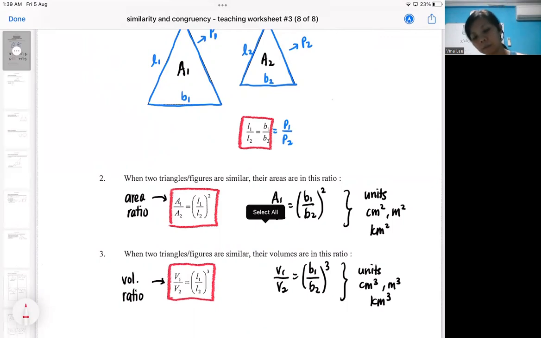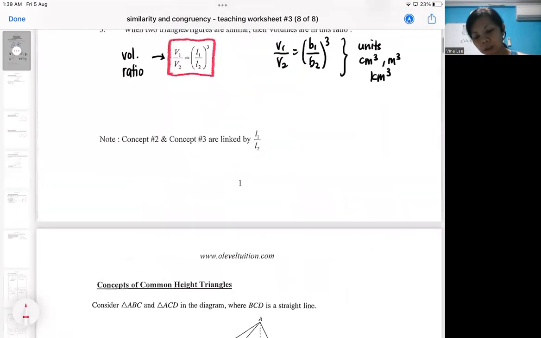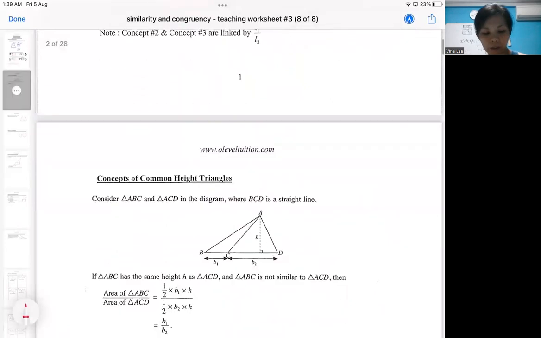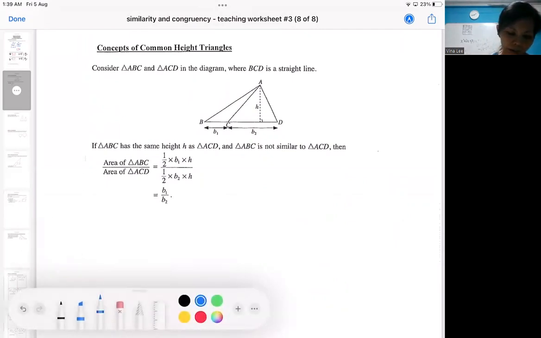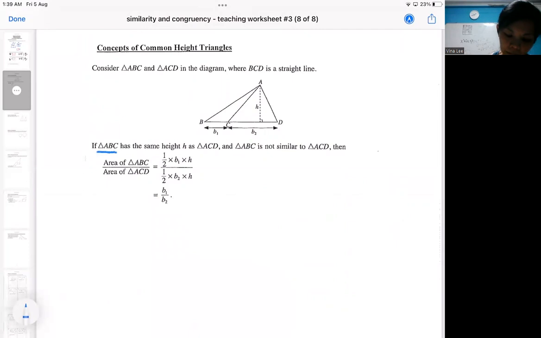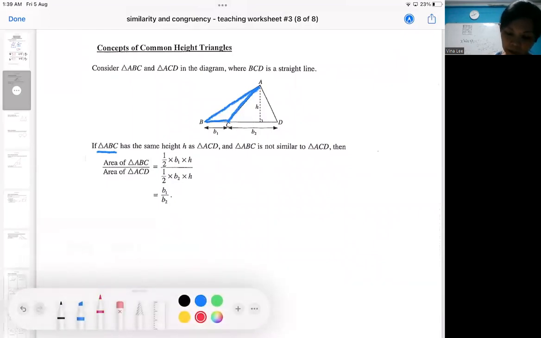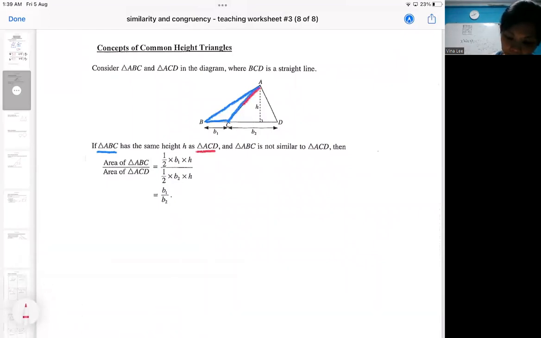In an exception case, we have something called a common height triangle. Sometimes when the 2 triangles are not similar, for example here, you explore this blue triangle and the red triangle. Obviously, they are not similar because they don't have equal angles.